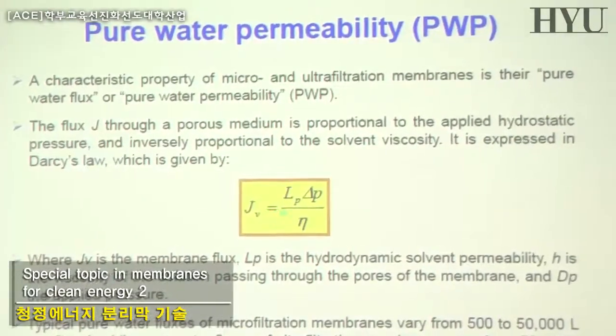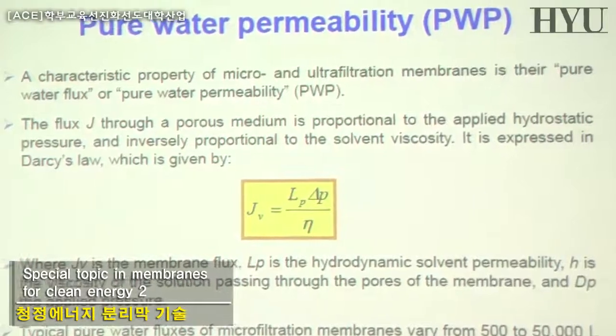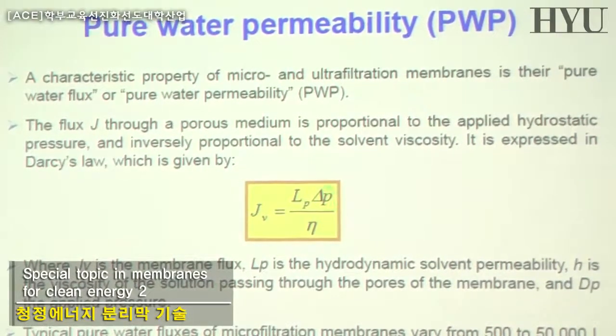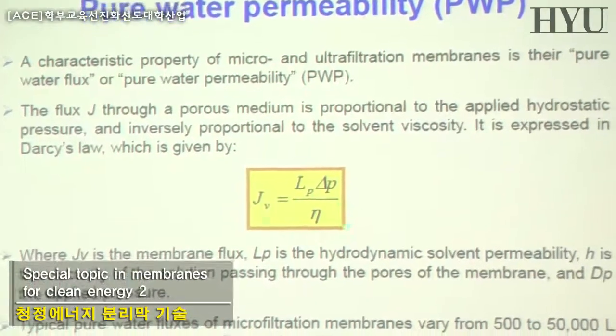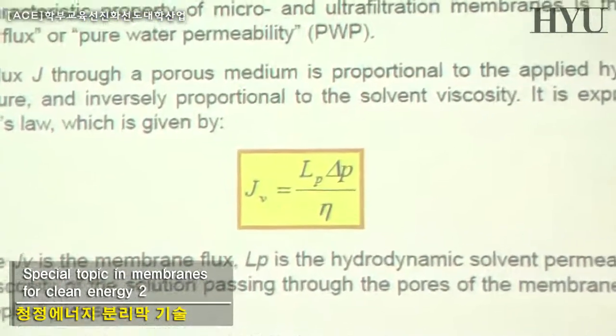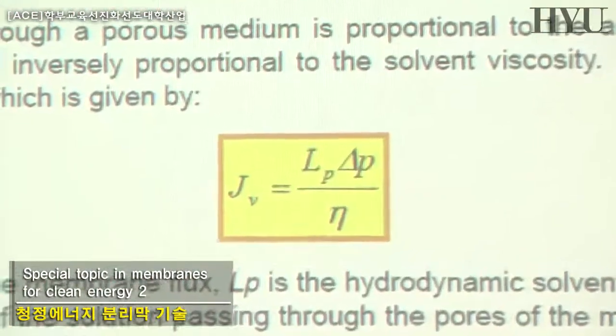J is equal to LP times the difference between the applied pressure and the pressure that you get in the permeate, divided by eta. So this is the pressure differential between the feed and the permeate, and eta is the viscosity of the solution that you're dealing with.